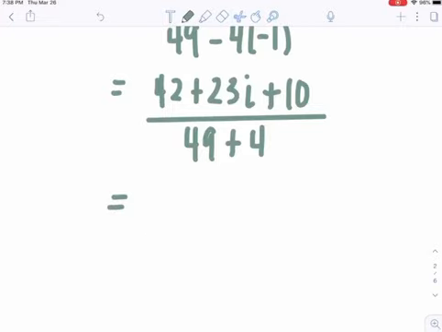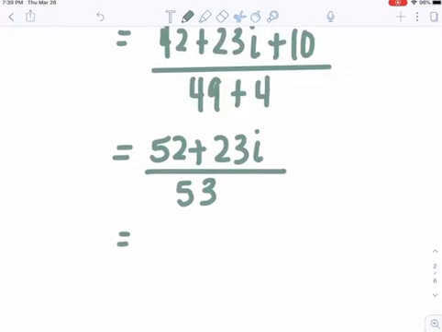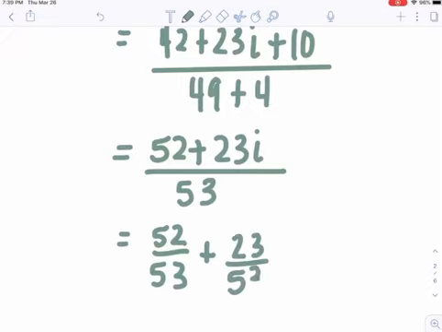Combine like terms in the numerator, 52 plus 23i over 53. Okay, and then we want to write it as a complex number. So it's going to be 52 over 53 plus 23 over 53i.